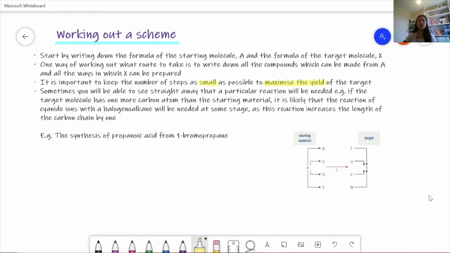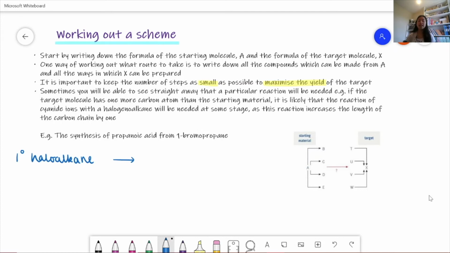So first, I'm just going to have a think about some reactions that I can have. So I'm going to start off with 1-bromopropane. So this is a primary haloalkane. So I'm just going to write that I have a primary haloalkane. And one of the reactions which comes to mind with primary haloalkanes, or haloalkanes in general, is nucleophilic substitution.